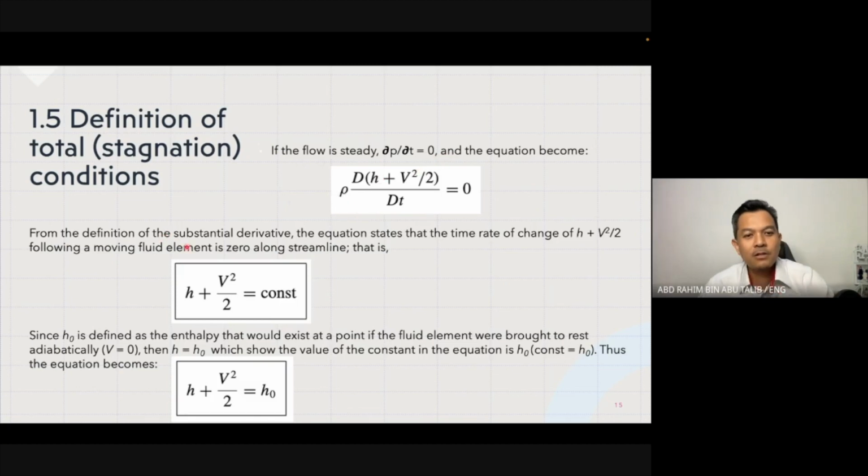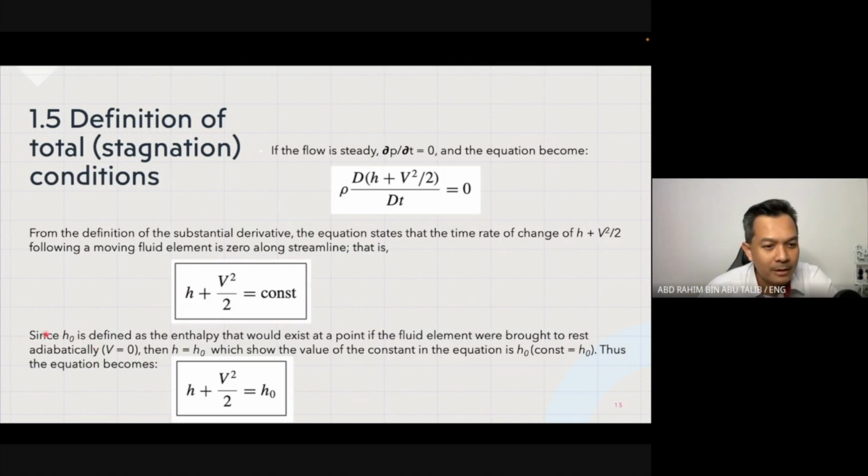From the definition of the substantial derivative, the equation states that the time rate of change of the enthalpy plus the square of the velocity over 2, the kinetic energy, following a moving fluid element is 0 along a streamline. That is expressed here, where the enthalpy plus the velocity squared over 2 equals a constant.